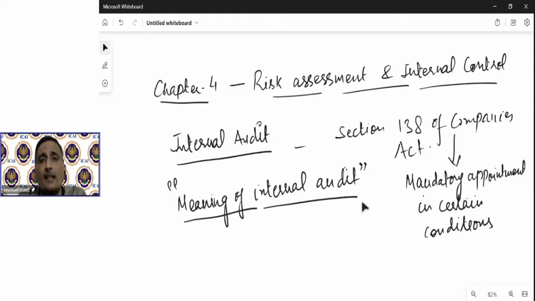What is its scope? What function does an internal auditor perform? And what are the mandatory legal requirements as per Companies Act 2013 to appoint an internal auditor? Who can be appointed internal auditor? All these things we shall be discussing today.